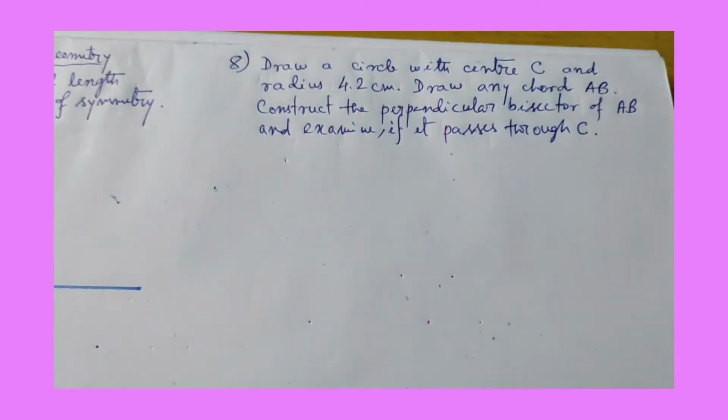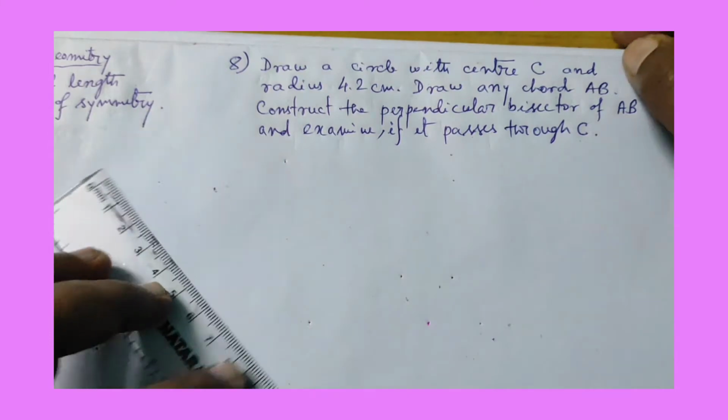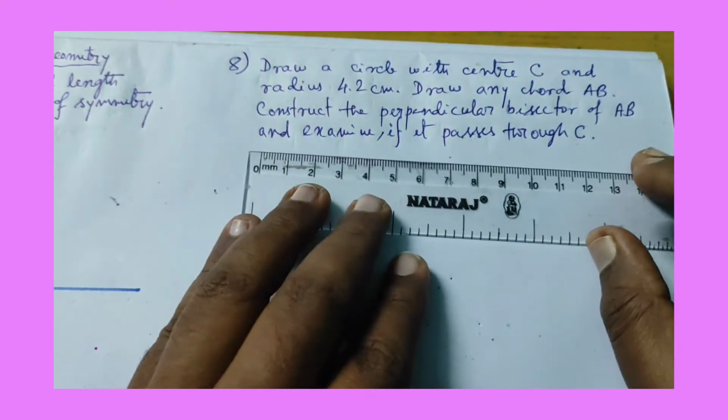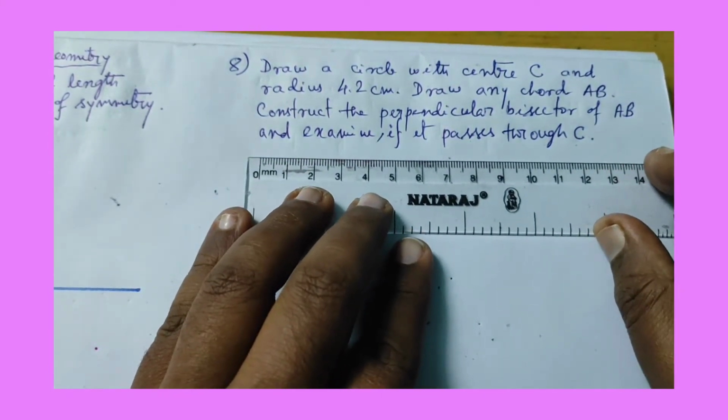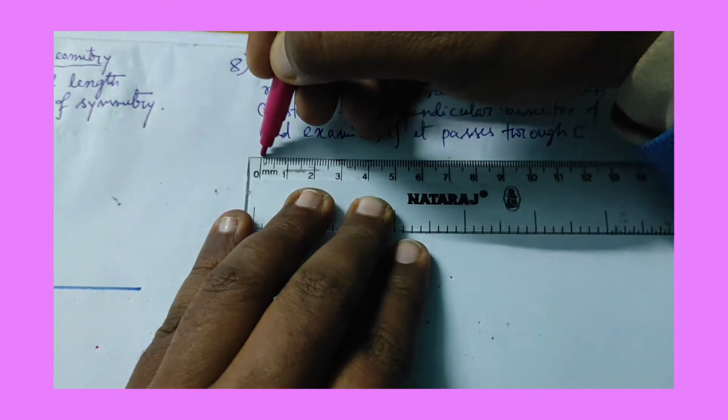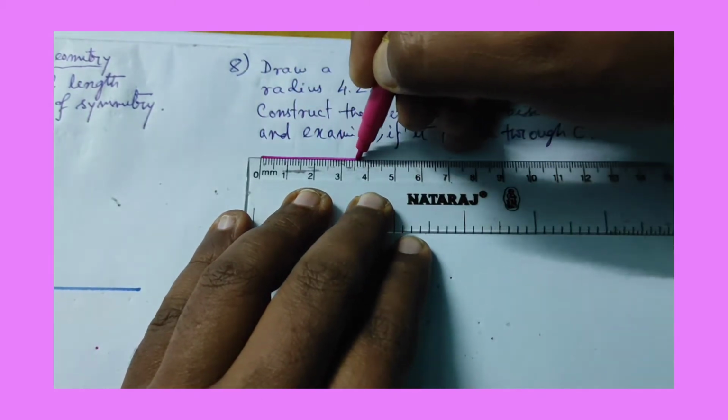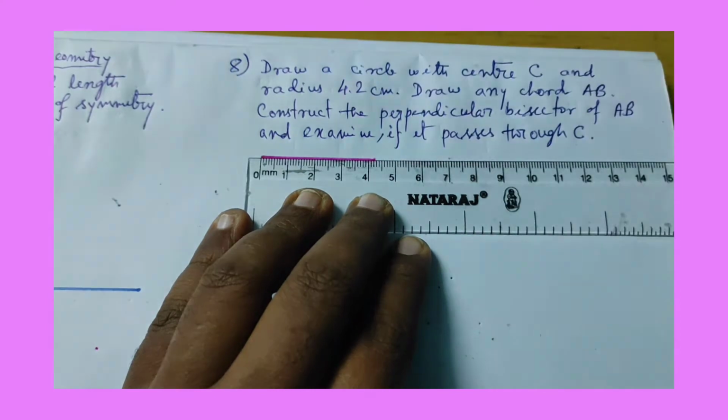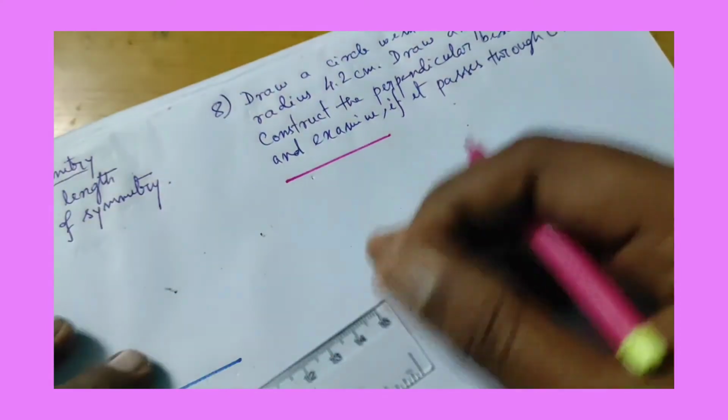draw a line segment 4.2 centimeter, which is the radius of the circle. So here we are drawing a line segment 4.2 centimeter. So these are 4.2.